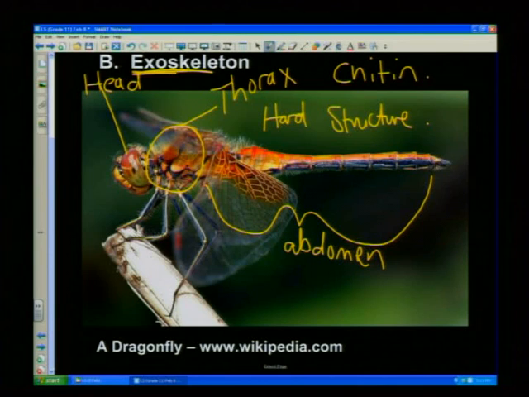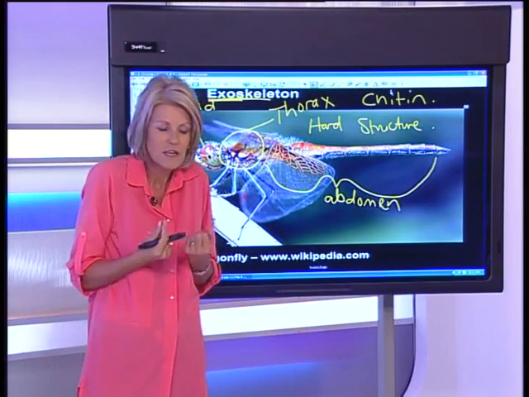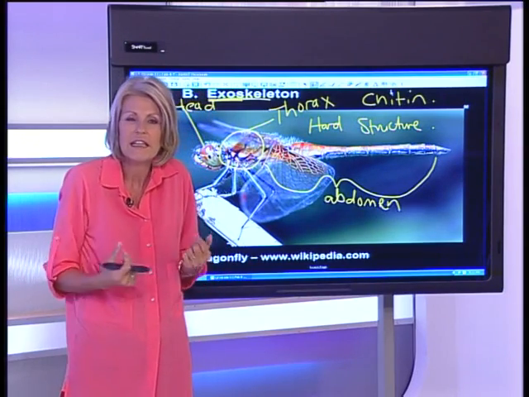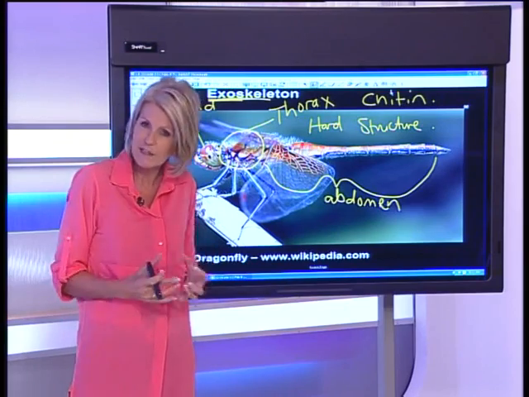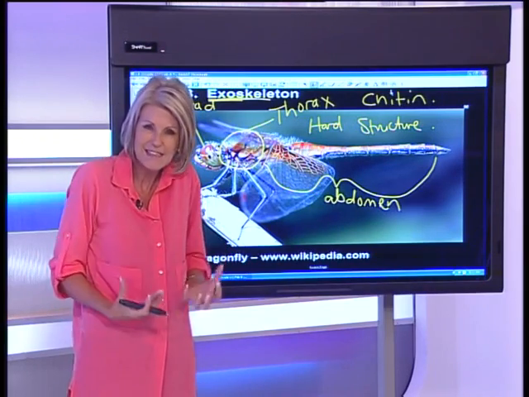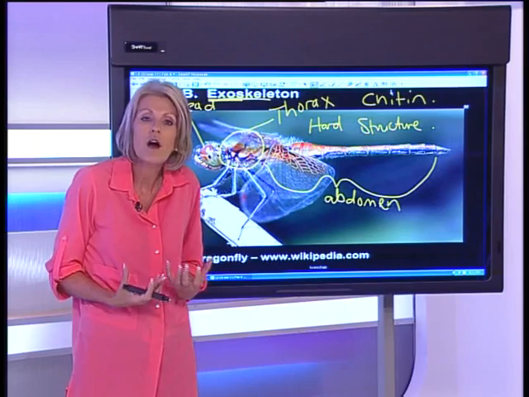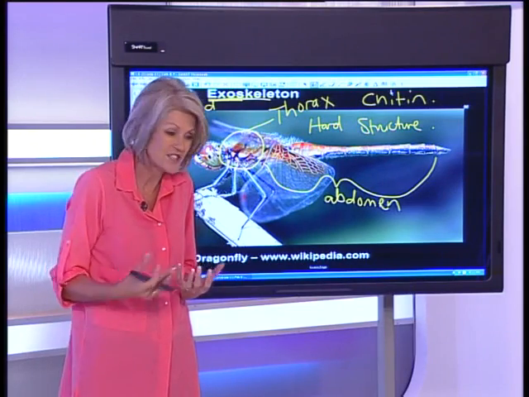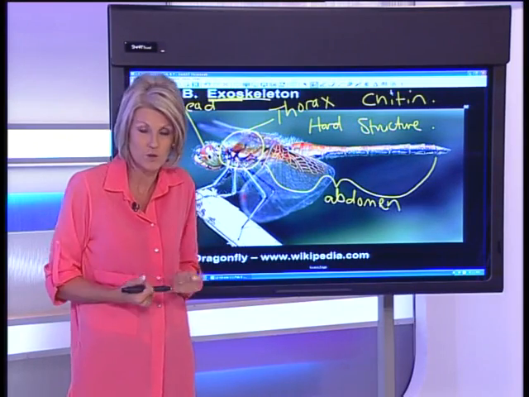So the advantage is the point of attachment for the legs and the wings, but it also protects those soft, mushy, delicate internal organs. They can't be harmed because you literally have to crush that entire insect to get to those organs.